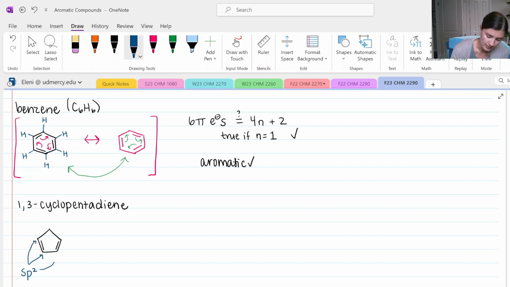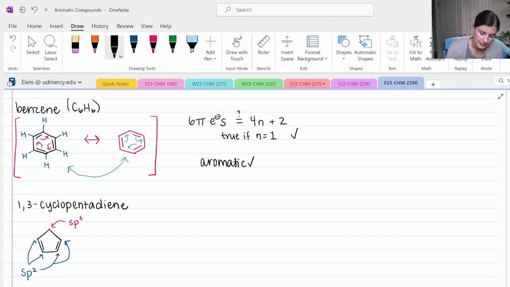These carbons are sp2 hybridized. They have an unhybridized p orbital, but this carbon at the top is sp3 hybridized. So that means it does not have an unhybridized p orbital.